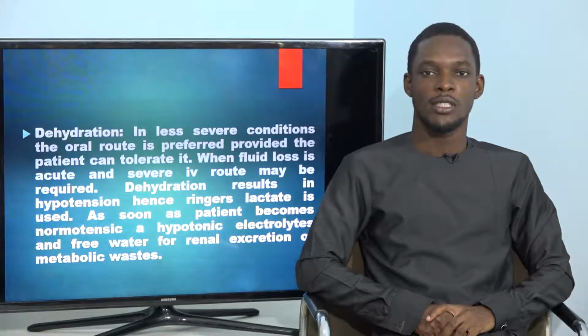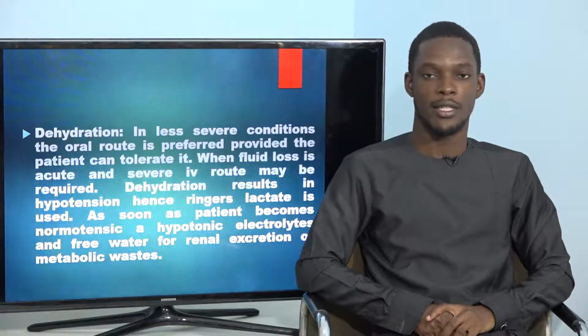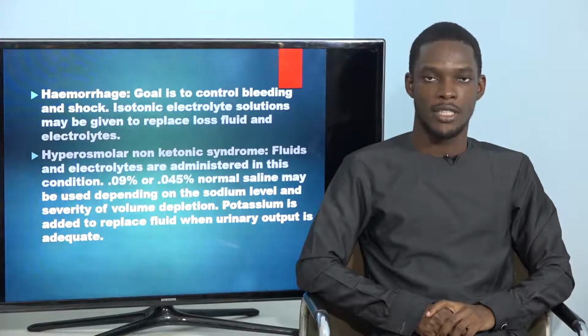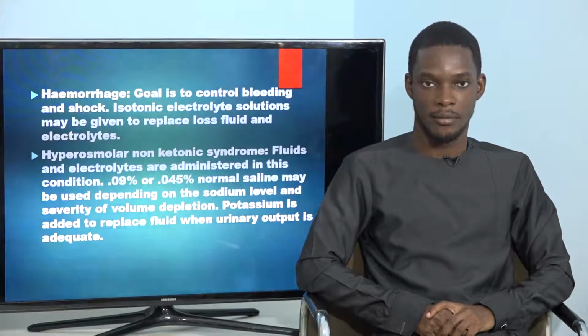When fluid loss is too severe or too excessive, the IV route may be considered. For a dehydrated patient, a hypotonic solution or an isotonic solution is often preferred to be administered.